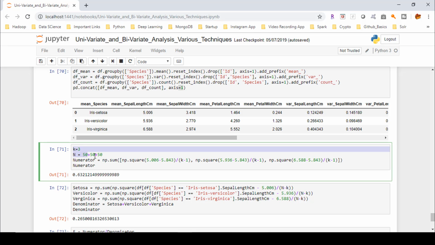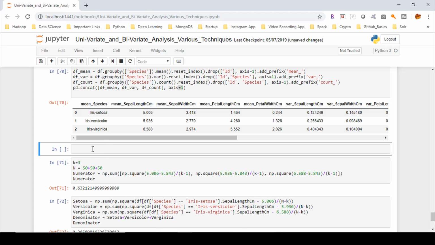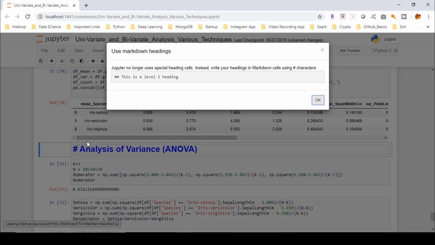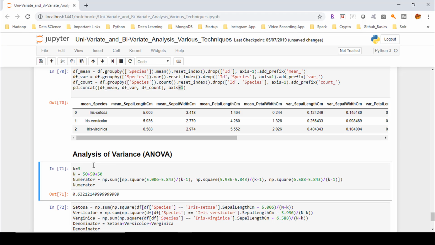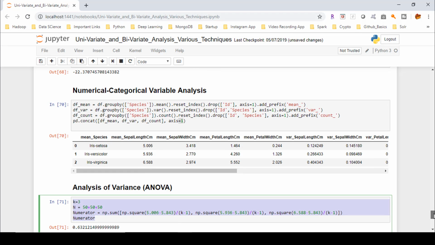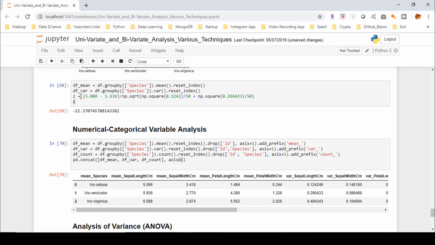It actually belongs to ANOVA, or analysis of variance, which I'm going to cover in the next video. So this calculation is for analysis of variance. But for our sake, we just wanted to calculate the z statistic, which we calculated here.